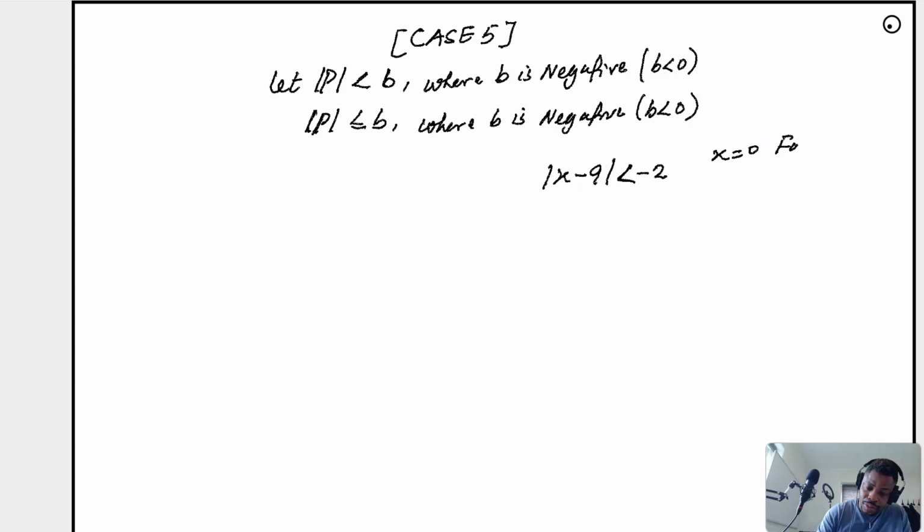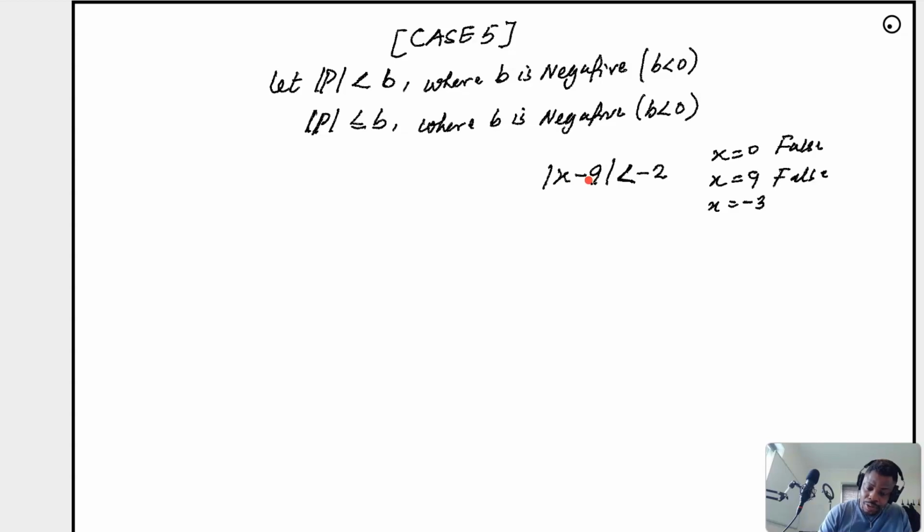So that is false. Let's say when x is 9, which is positive, 9 minus 9 is 0. The modulus of 0 is 0, and 0 is not less than minus 2. That is false. When x is minus 3, that is negative, minus 3 minus 9 is minus 12.